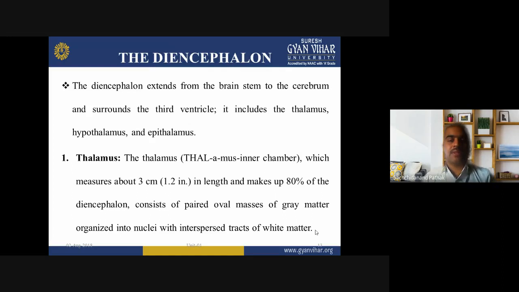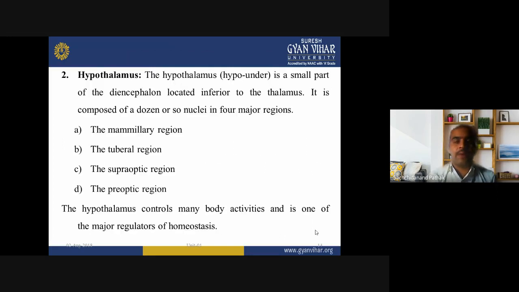So the diencephalon contains three parts: thalamus, hypothalamus, epithalamus, but the thalamus occupies 80% of the volume of the diencephalon. तो diencephalon का जो volume है 80% किससे occupied है? Thalamus से.